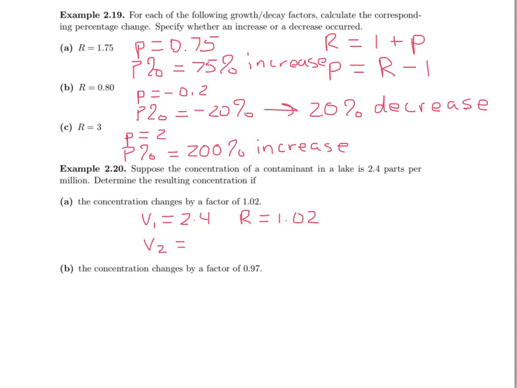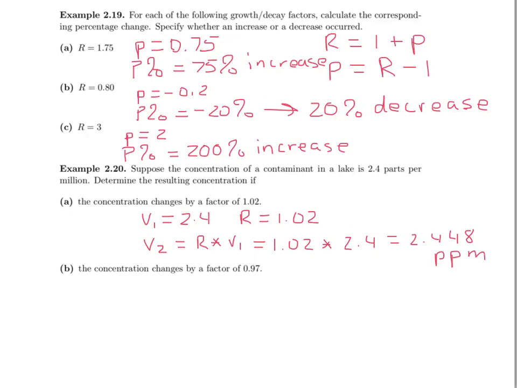We learned in a previous screencast that we calculate the final value by taking our factor and multiplying by the starting value. In this case, when we multiply 1.02 by 2.4, we arrive at 2.448 parts per million. This is the abbreviation for parts per million.